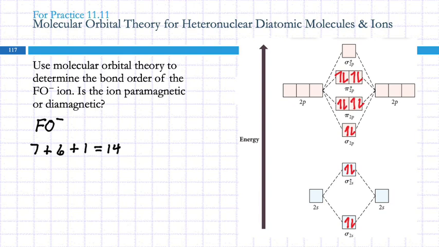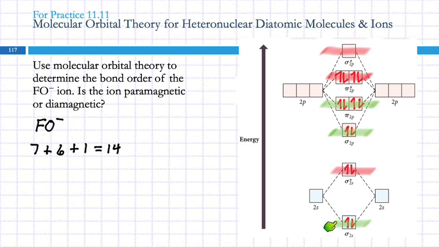We're supposed to identify the bond order. So I'm just going to highlight the bonding orbitals. Those are the ones without stars. And the anti-bonding orbitals are the ones with stars, asterisks.